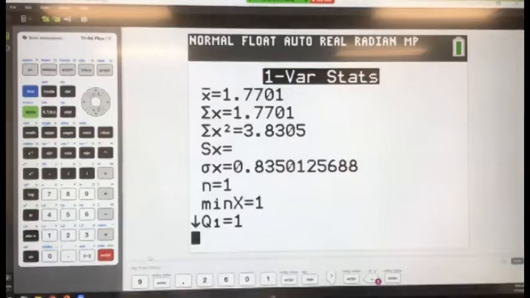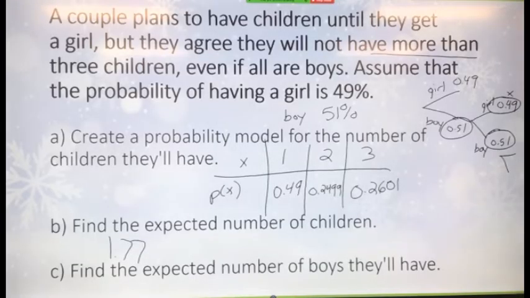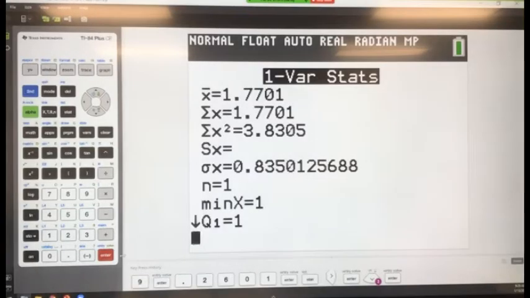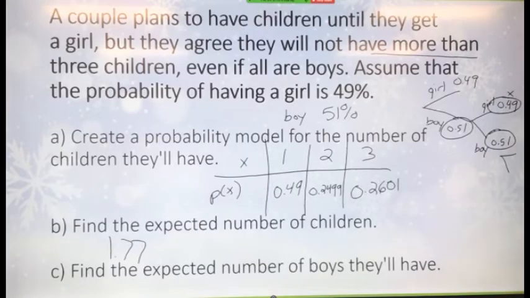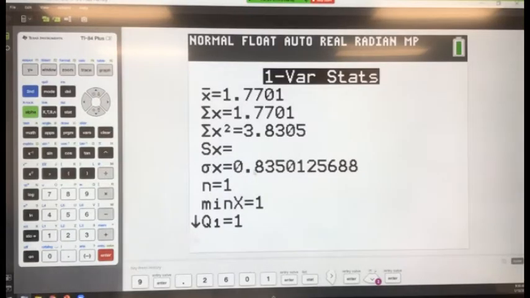No, I'm just kidding. So maybe kind of leaning towards having 2 children, right? We can round a little bit because 0.77 of a person doesn't make sense. But looking at my standard deviation, we can say about 2, right? Of course, in Connect Math, you'll probably want to leave it as 1.77, but looking at my deviation of 0.8, it looks like it's leaning more towards 2.